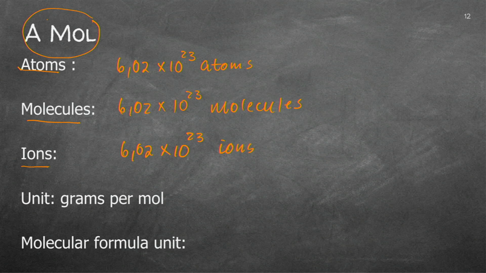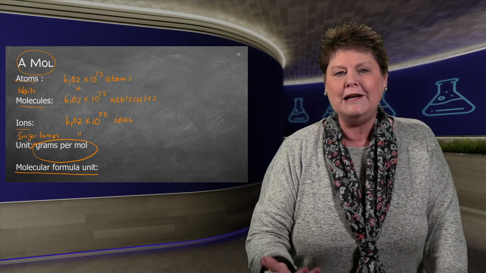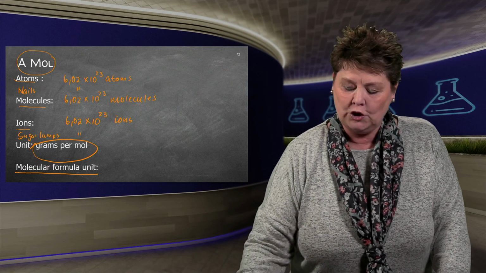And I could say sugar lumps. 1 mole would be exactly that. I could have said nails. 1 mole of nails will be exactly that. So it's important that you know the mole is just a number. And as I said, in the next lesson, we're going to have a look at that. And we express it as grams per mole. And it's important that you also know that you've got a molecular or an atomic formula unit.